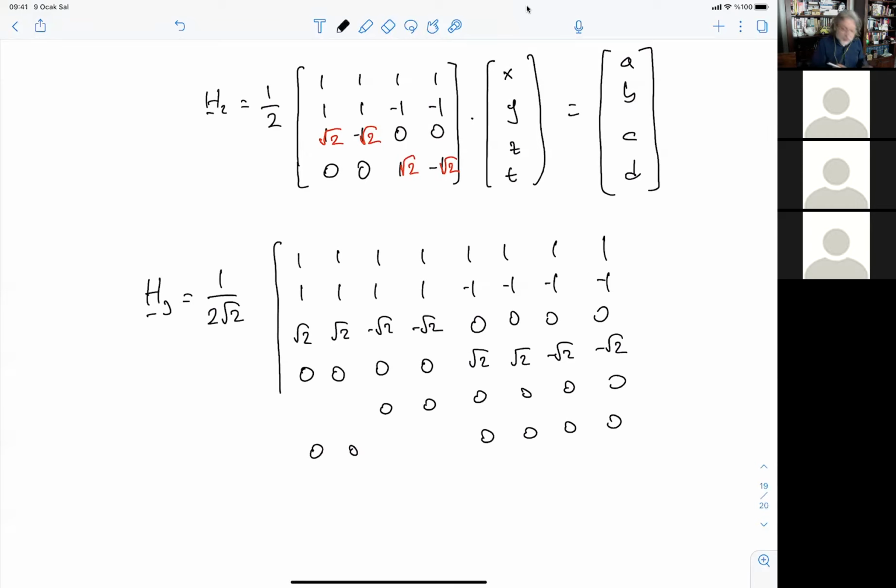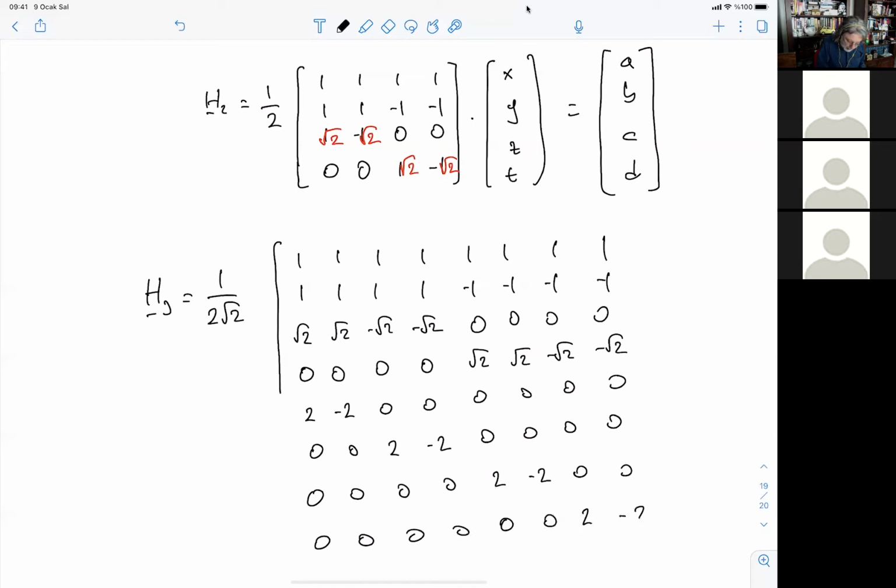A further multiplication with square root of 2 will give you 2 and minus 2, 2 and minus 2, 2 and minus 2. So the norms of these rows, and if you take a look at the columns also, they will be 1.